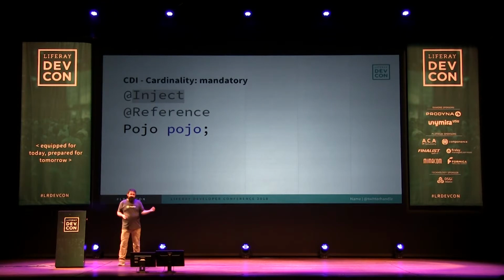It's just the same one that I showed earlier. It's just @Inject, @Reference. You get mandatory requirement. What mandatory means in OSGi and Declarative Services is that if you deploy the bundle and you start the bundle, if there's nothing to provide that reference, the component won't start. So it's waiting passively, which is a really nice model when you want to trigger the logic of your application based on the state of the system.